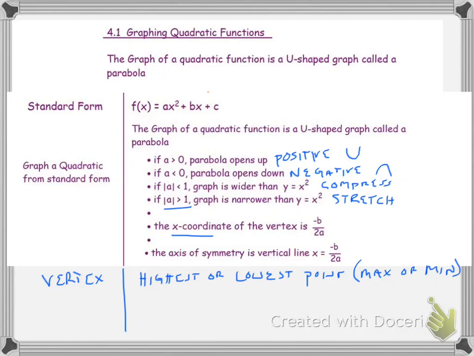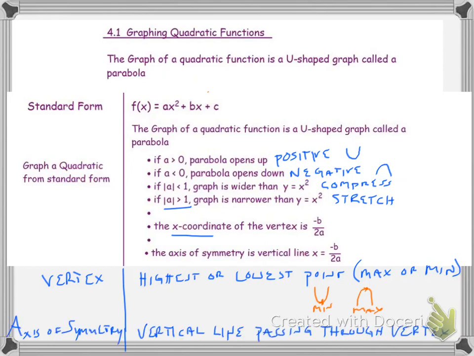So for one that's opening up, that's going to be the vertex where it turns, and that would be a minimum, where if it's opening down, the vertex would be a maximum, because it would be the highest point in that case.